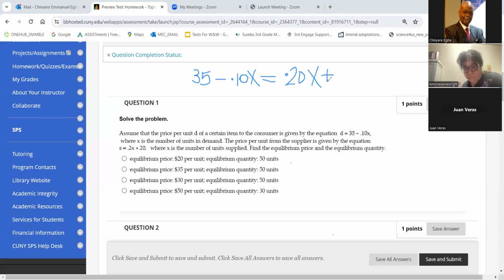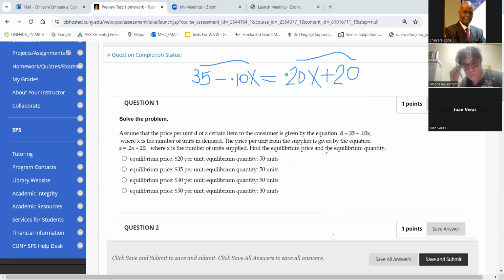Plus 2, on 20. Are we correct? Yes. And here, the buyers must agree with the sellers, right? Yes. Okay.